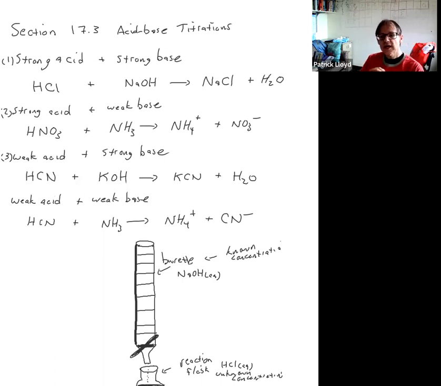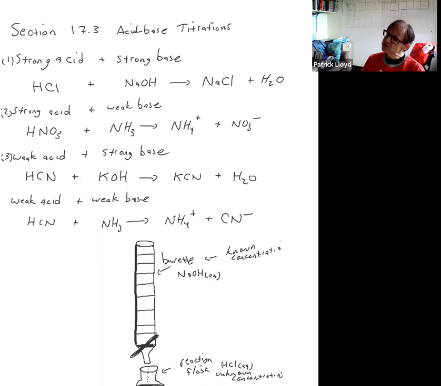If you lower the acid's concentration, the solution will be less acidic, right? So more base, less acidic. So the pH will start to increase. And that's what's observed when we do these sorts of titrations. The pH might start very low, but then it will rise as we add more and more base.